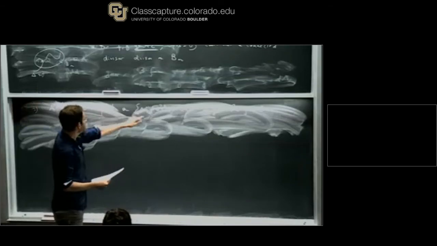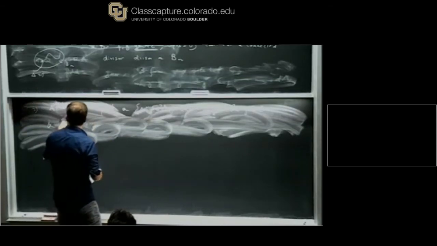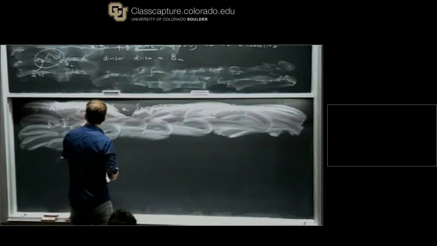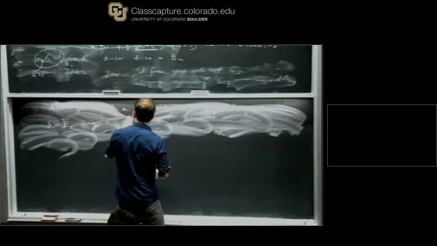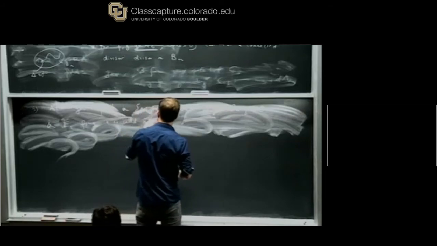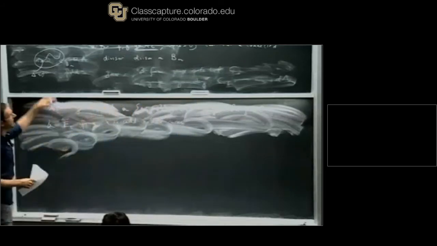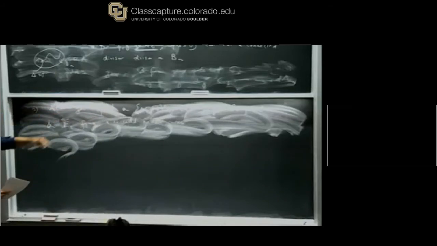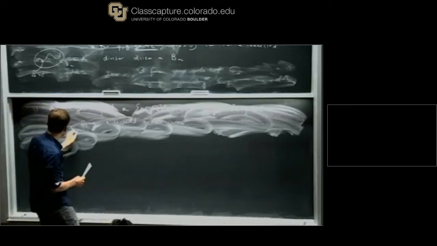So at generic points, the torus becomes a singular object, it forms a so-called nodal curve. So let's take a real projection, so to speak, of that complex curve.